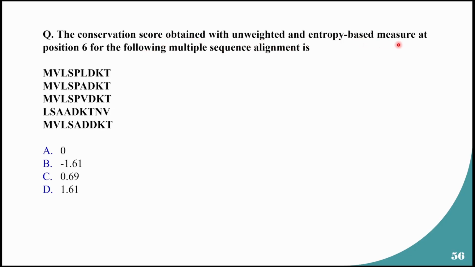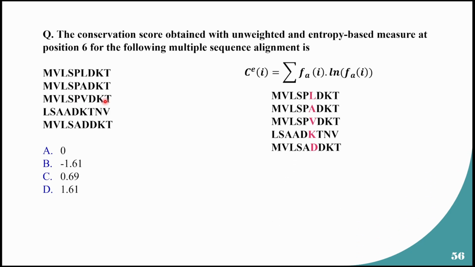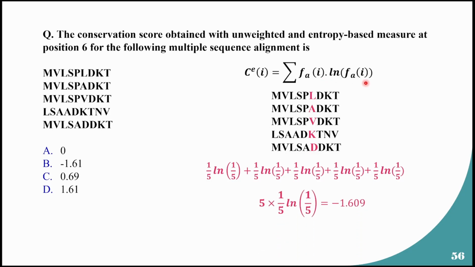So it's talking about unweighted and entropy based measure for position 6. So in this particular position 6, whether the amino acids are conserved or not. And basically the formula goes like this. So it's Fa of I times ln of Fa of I. So in this case, what your conservation score will be, what this I will be, it will be the fraction for all of the amino acids, all of the amino acid categories that you have.